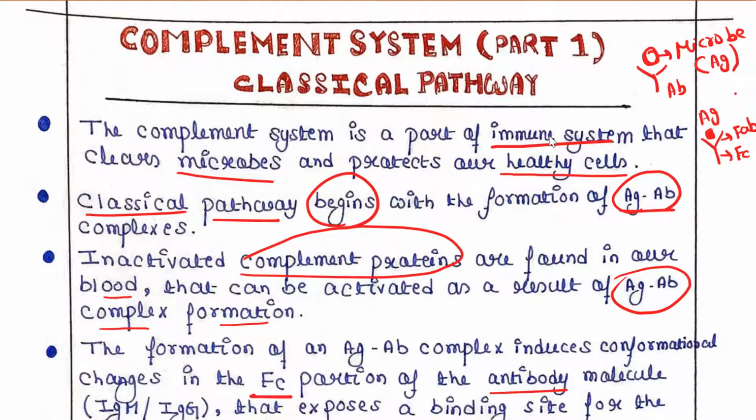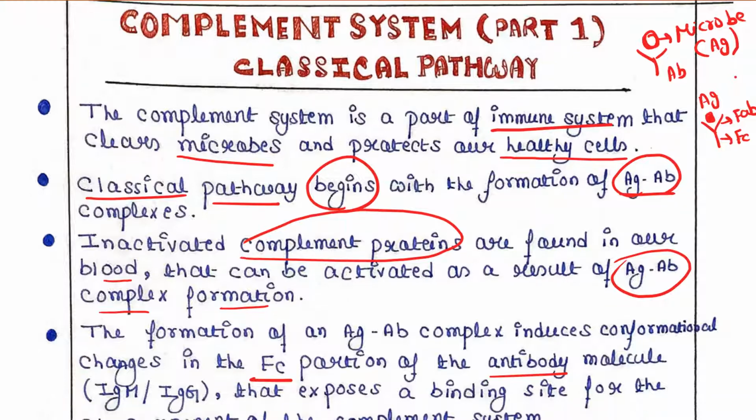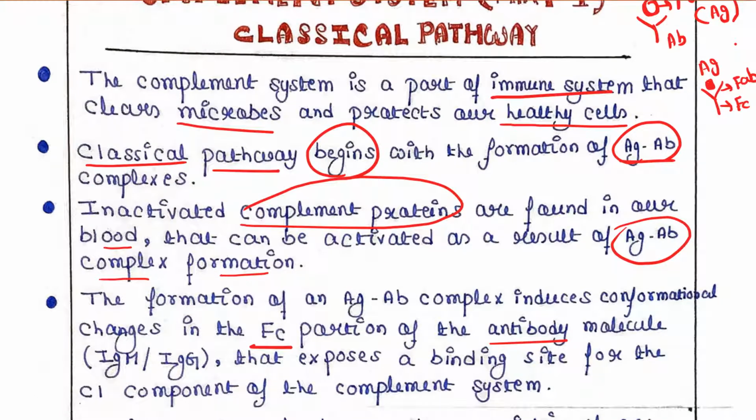Now, in the classical pathway, 2 types of antibodies function. They are IgM and IgG. So IgM and IgG antibodies undergo the classical pathway.